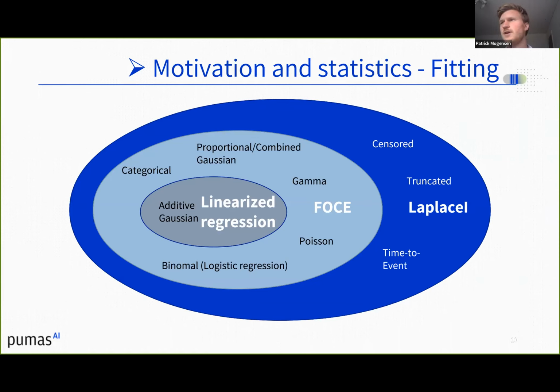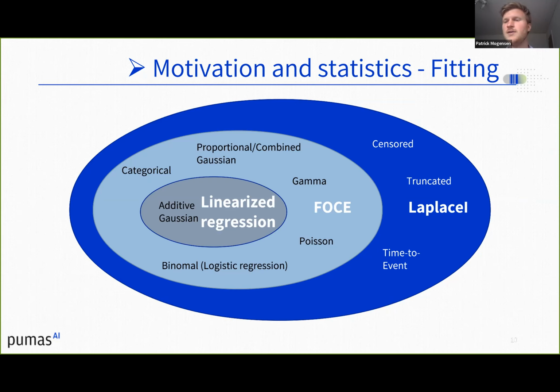Unfortunately, we can't use FOCE when we have censored or truncated data. We have to use the Laplace I method when we have this missing data problem. And I say unfortunately because it is something you have to keep in mind when you're doing your analysis, that it does come at a significant computational cost to use Laplace I over FOCE.